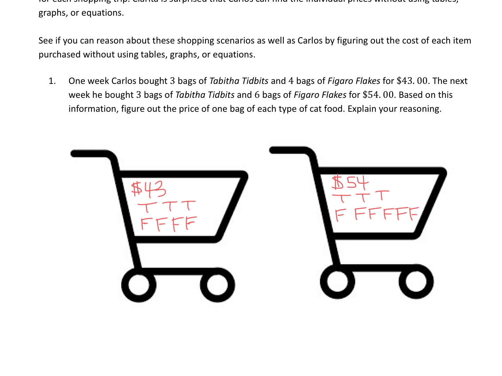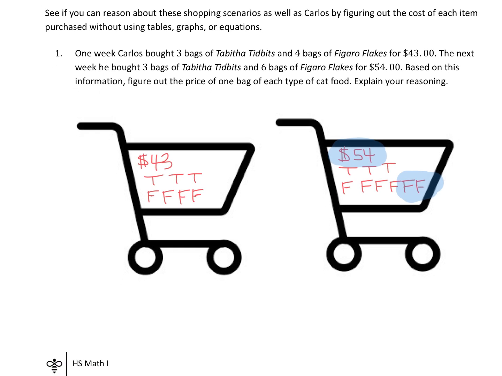Do you see that? So I'm going to highlight that here on the right. He's got 2 extra, and the second week purchase costs more money. So I think it makes sense that this extra cost is probably those 2 extra Figaro Flakes.